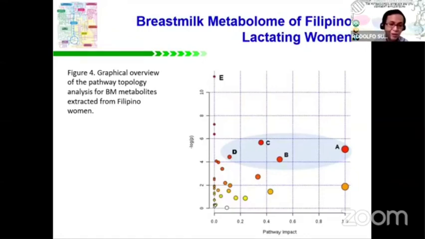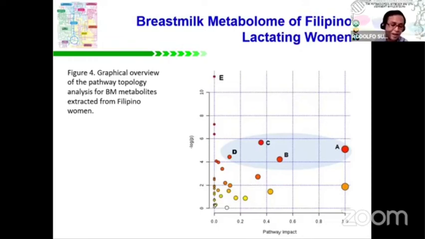Each of these nodes corresponds to the pathway impacts, as mentioned by Dr. Lacerna, of the matched metabolites of a given metabolic pathway. It not only indicates a significantly dysregulated pathway, but also the centrality of these metabolites in this pathway. So for functional interpretation purposes, you could use pathway topology analysis in MetaboAnalyst to assess the centrality of your metabolites.